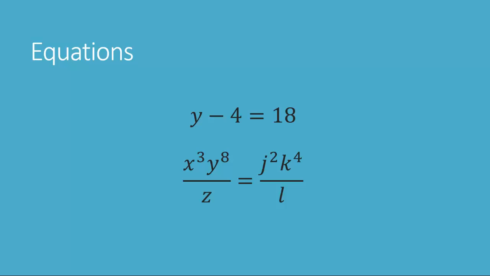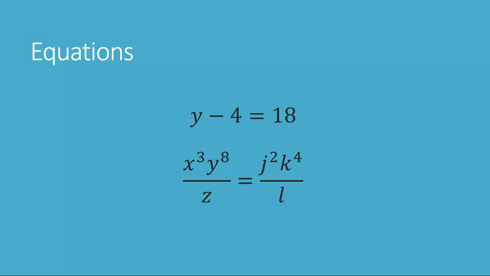With equations, you can actually manipulate it and show how one thing relates to another. In this case, y relates to 18 by being 4 more than 18, or 18 is 4 less than the variable y. That gives us a little relation between y and these other numbers.